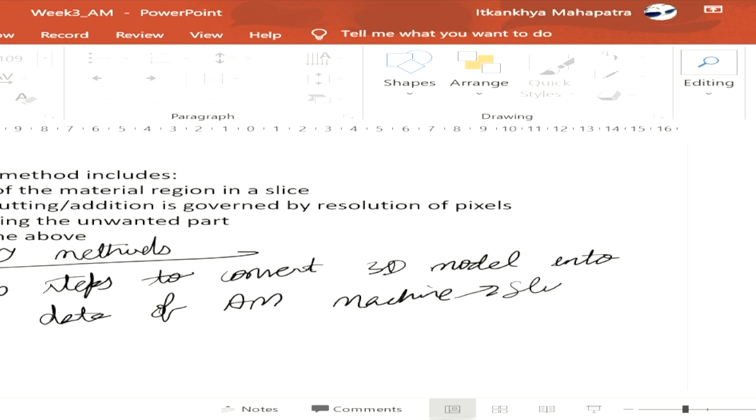One is slicing and another is tool path planning.